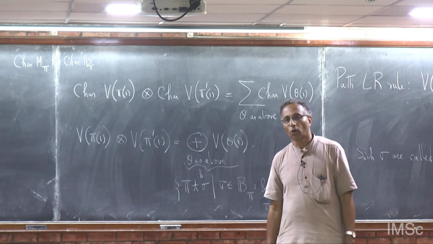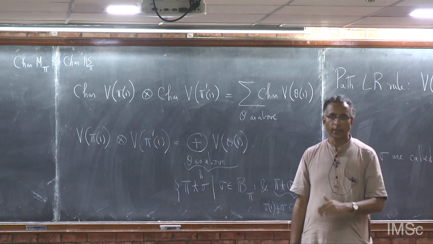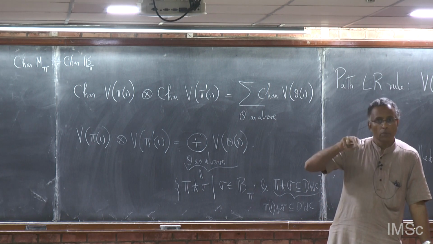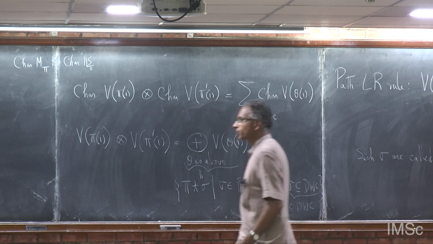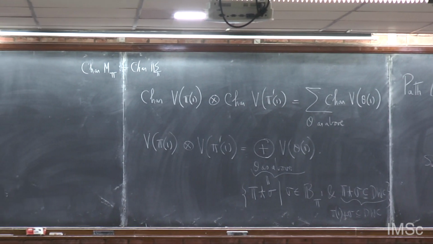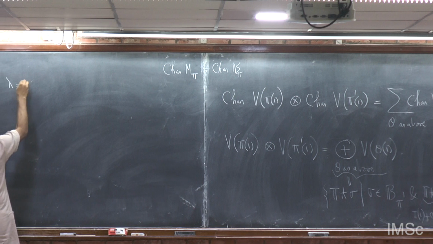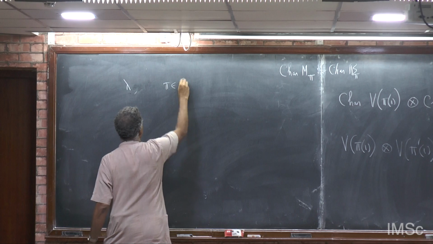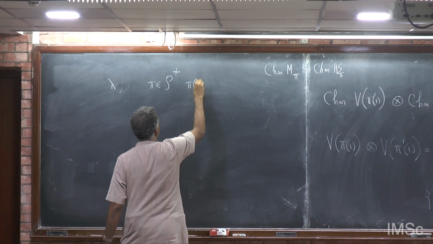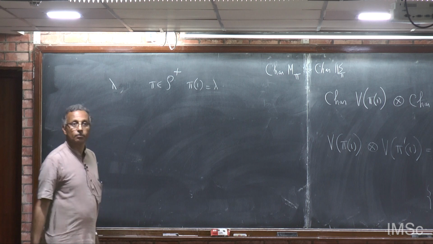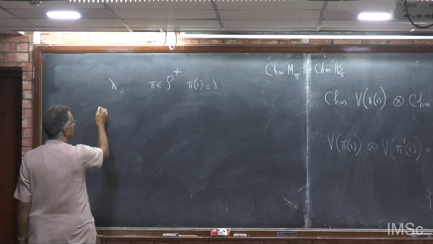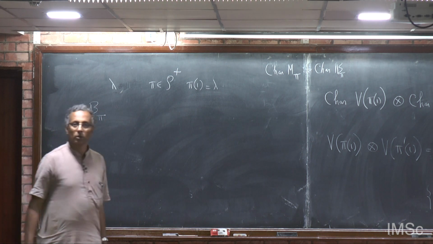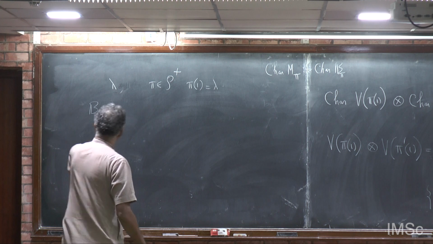Okay, so for example, here is what you can try to do. Here is a natural question. I start with some lambda, which is pi 1. Sorry, lambda, and so I choose pi in p plus with pi 1 equal to lambda, right? And then you write this b pi, every element of b pi.